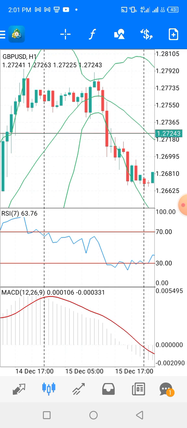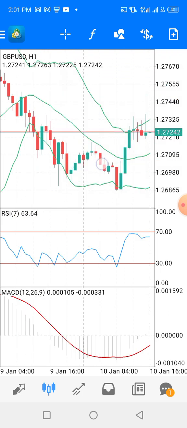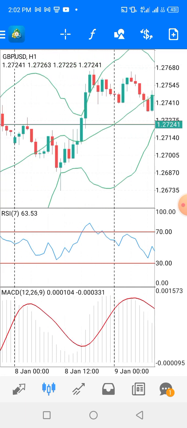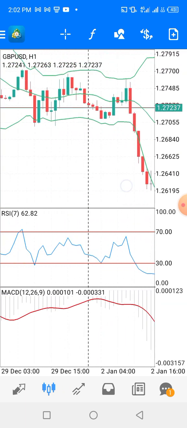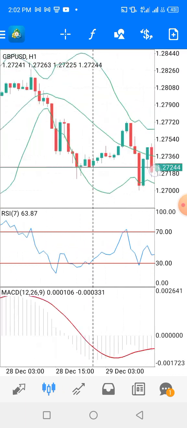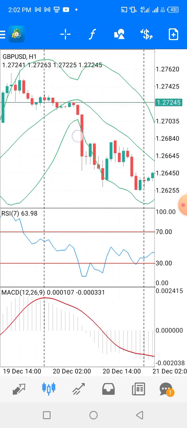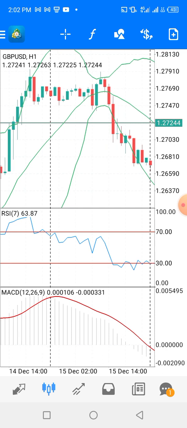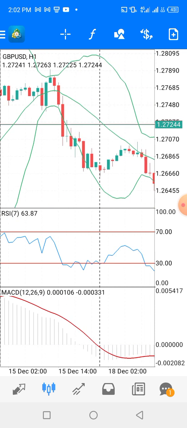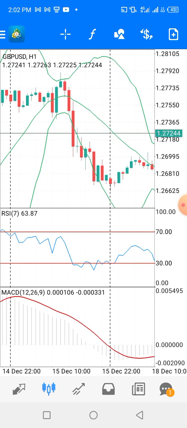So here it's only moved towards the lower band, over here.